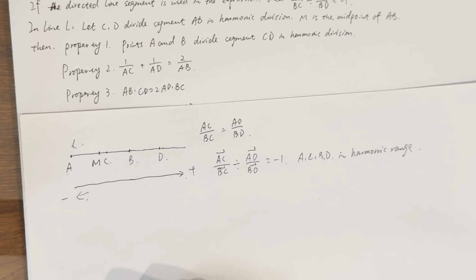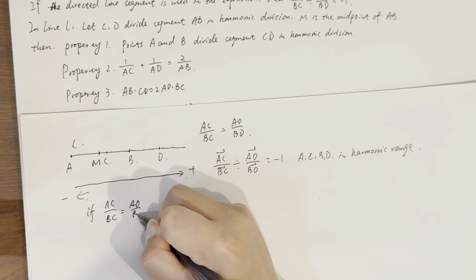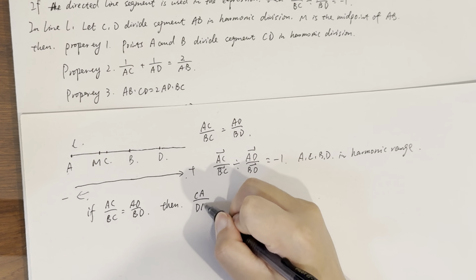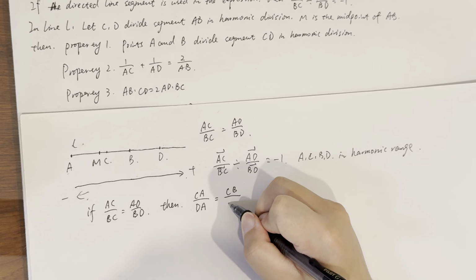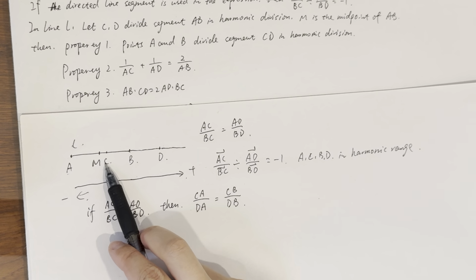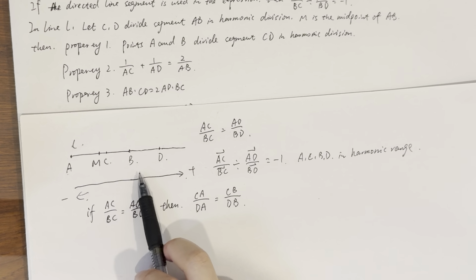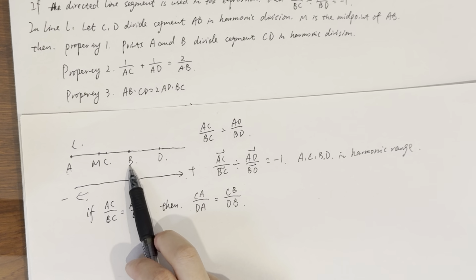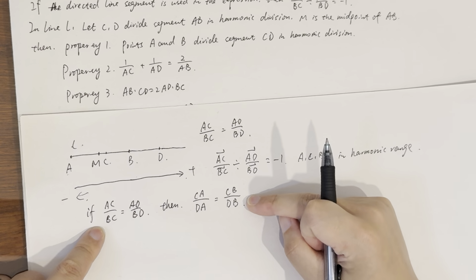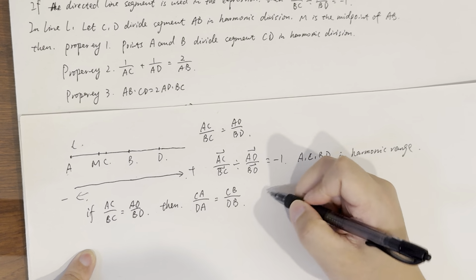What does it mean? It means that if AC to BC equals AD to BD, then CA to DA equals CB to DB. We compare these two.